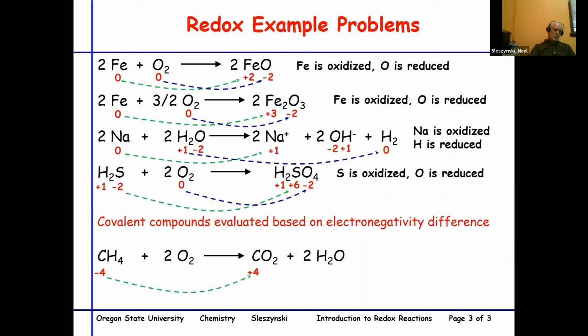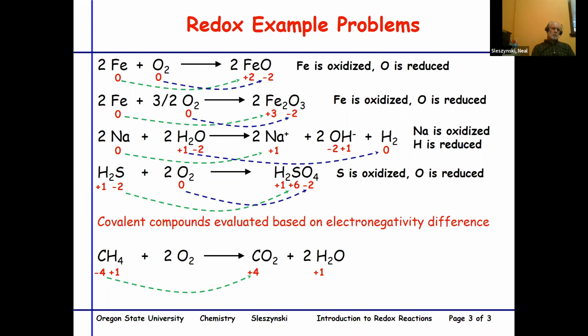But when we get to carbon dioxide, where oxygen is a higher electronegativity than carbon, we're going to say that carbon is +4. So during the course of this reaction, carbon goes from -4 to +4, which is a loss of 8 electrons. If we take a look at hydrogens, we see that hydrogen is +1 on both the reactant and product side of this reaction.